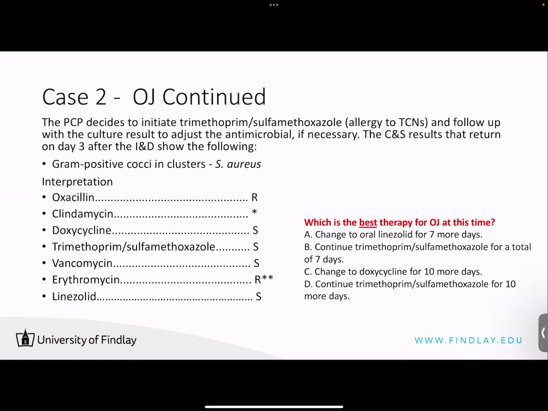Okay. All right, so back to our patient. The prescriber went in, did the incision and drainage, sent off that swab for culture and sensitivity results. And then in the meantime, prescribed our patient Bactrim. Gave her Bactrim because she's allergic to tetracyclines, and then we'll adjust as necessary.